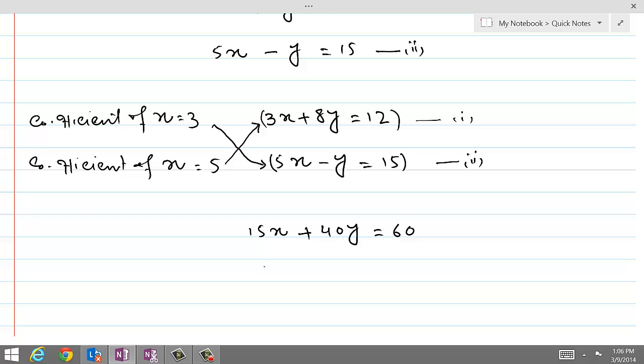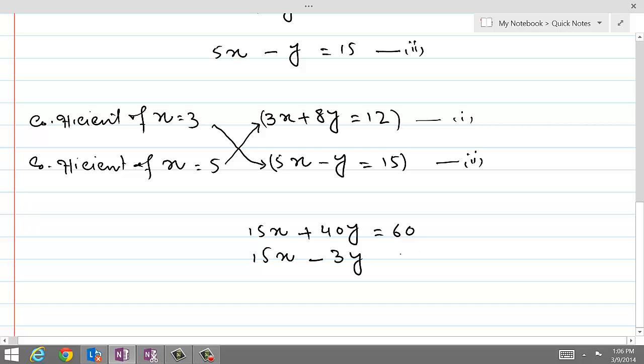And for the second equation, when we multiply by 3, what we get is 15x minus 3y equal to 45. This is equation 1 and this is equation 2.